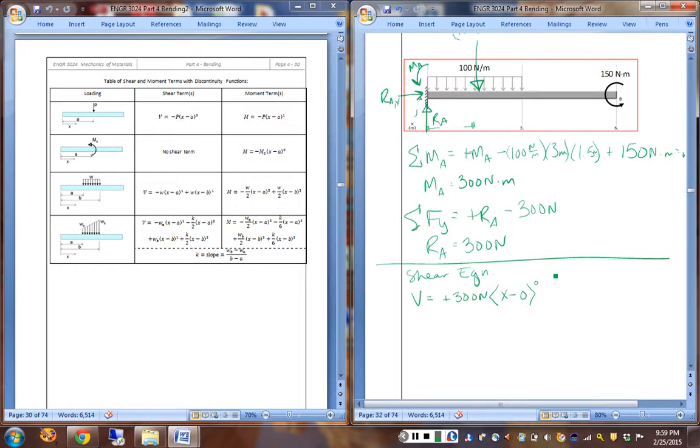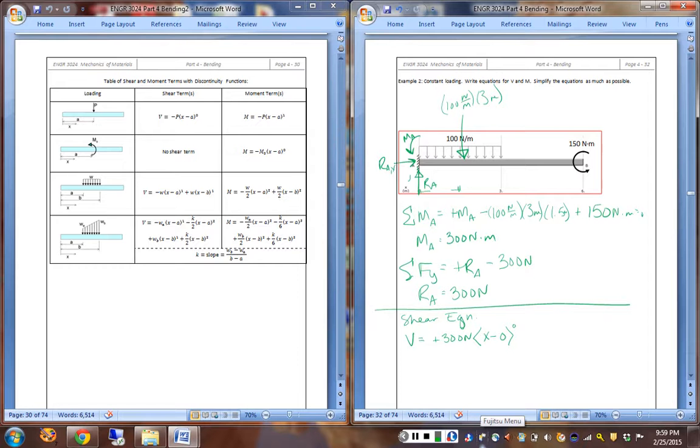You can't use the equivalent force for writing these shear and moment discontinuity terms. We have to use the row in the table for a distributed load. In the table, the distributed load is pointing down, so that's consistent with what we have in this situation. So we have minus W, the magnitude of the distributed load, which is 100 newtons per meter, times X minus A, the location that the distributed load begins, which in this case is 0.